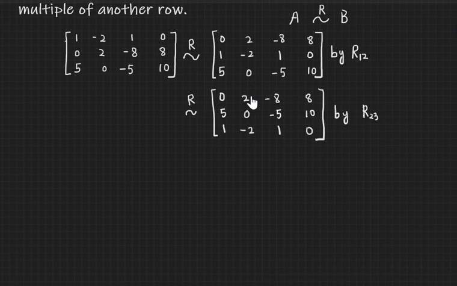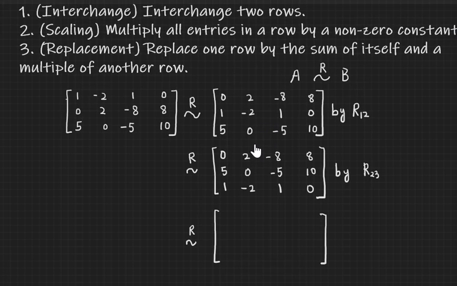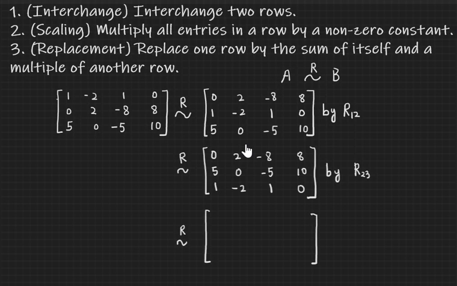Okay, let's move on. Let's get another equivalent matrix by applying an elementary row operation on this matrix. Let's work out the second elementary row operation. The second elementary row operation says that we multiply all the entries in a row by a non-zero constant.